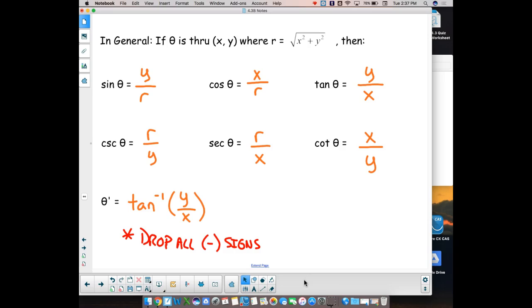Your test is on Monday on sections 4.2 and 4.3. There will be a calculator and a non-calculator part. So worksheets will be due on Monday of the ones that we do collect. You also have a formative tomorrow that you need your unit circle for. Or simply put, you can use your unit circle for it tomorrow too.